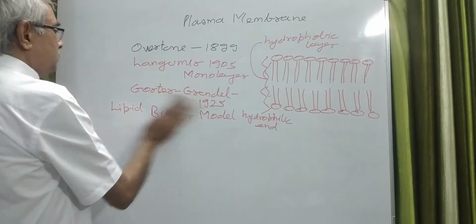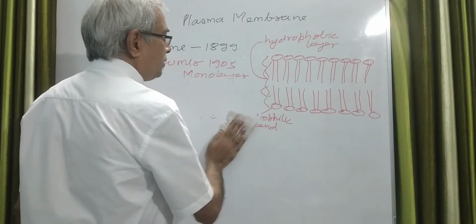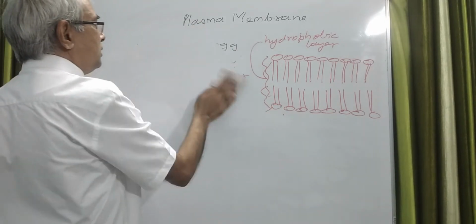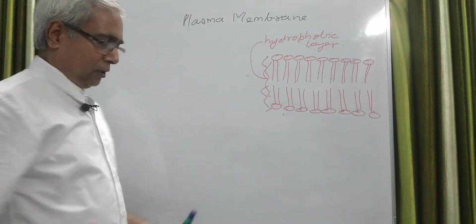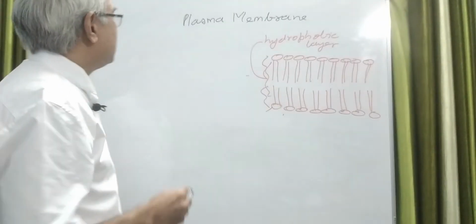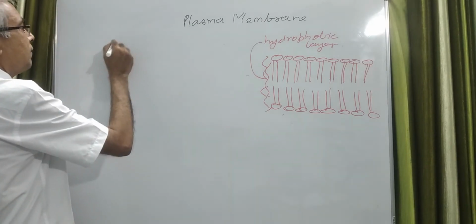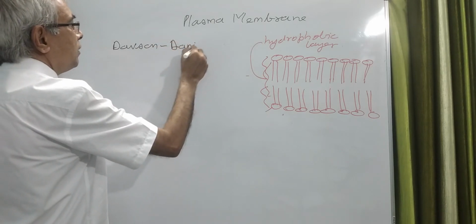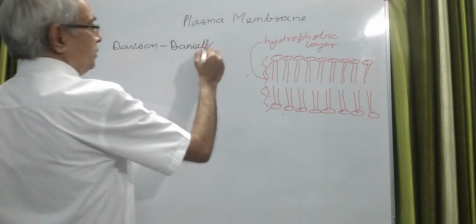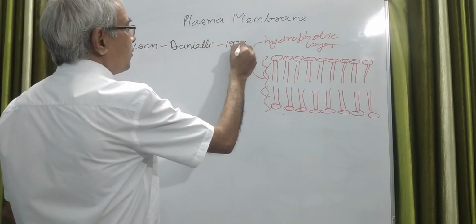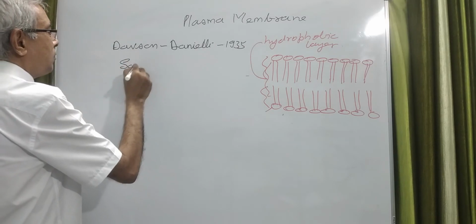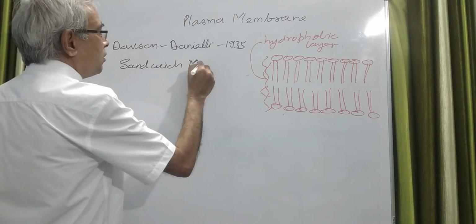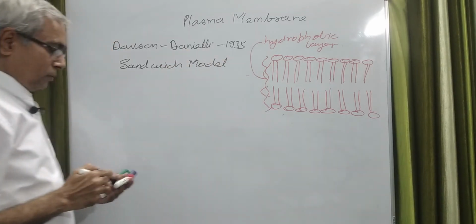On that basis, Davson and Danielli in 1935 proposed another model, which is termed the sandwich model, to explain the structure of the plasma membrane.